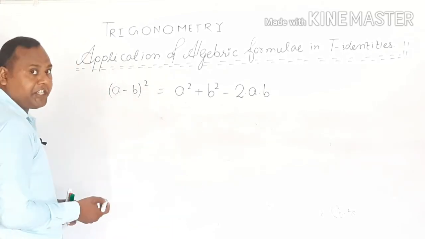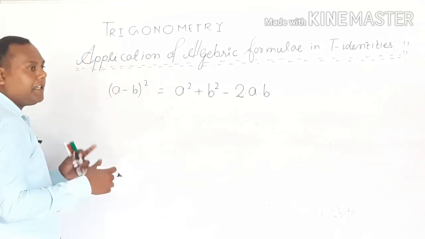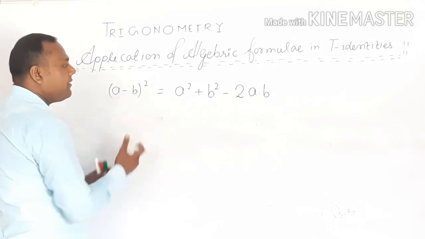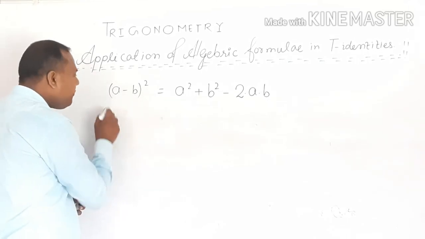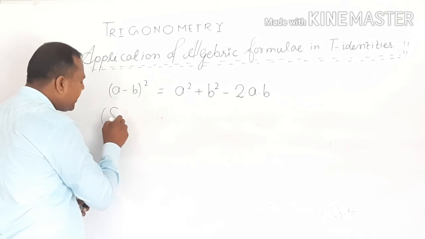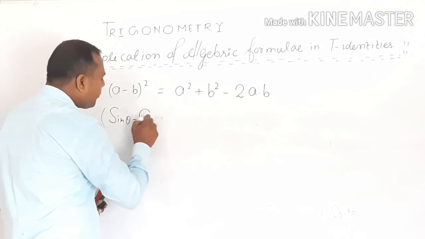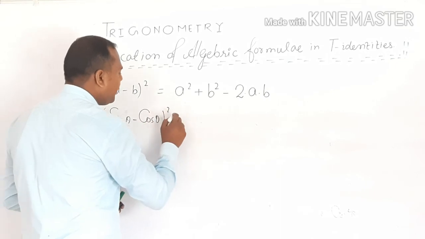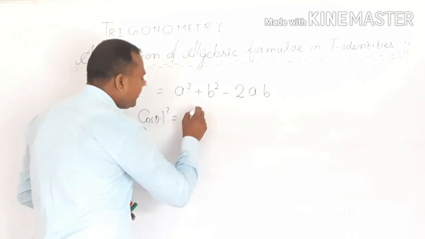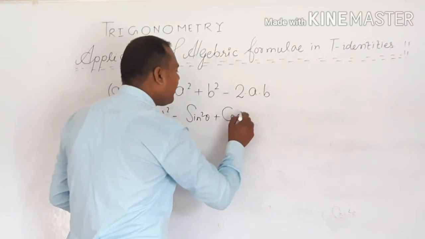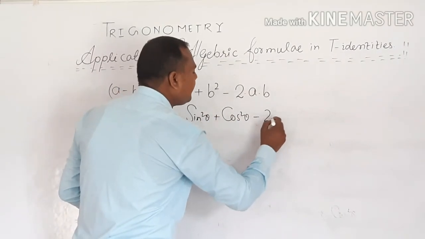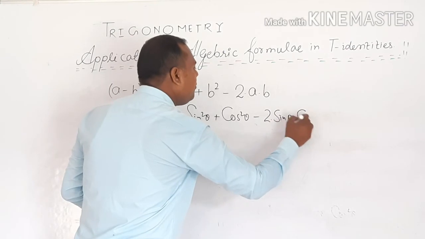How can we apply the trigonometrical identity in this formula? So let us discuss. If we put here sine of theta minus cos of theta the whole square, we can write it as sine square of theta plus cos square of theta minus twice of sine of theta into cos of theta.